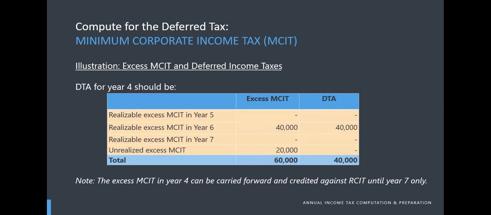So DTA for year 4. Year 4 ba dapat? So the excess MCIT in year 4 can be carried forward and credited against RCIT until year 7 only.